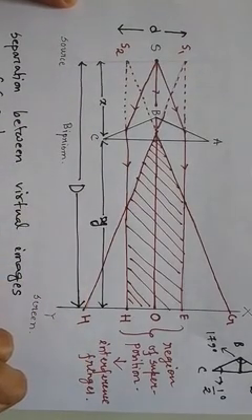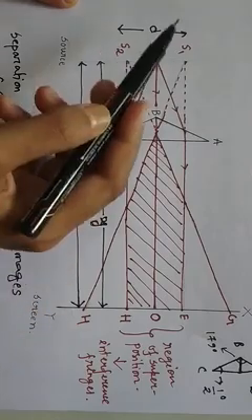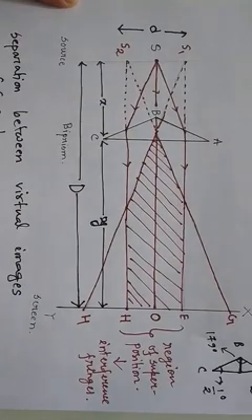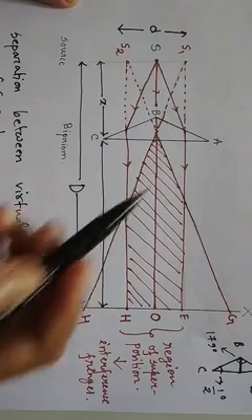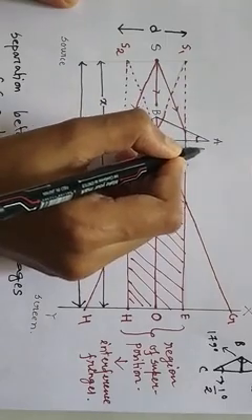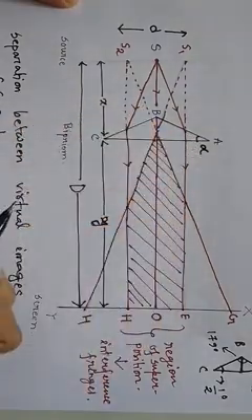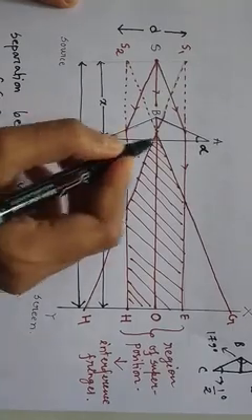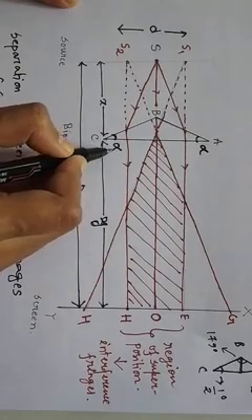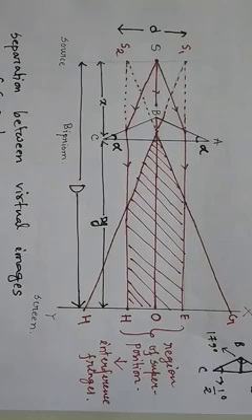So what should be the proper separation between the virtual images S1 and S2? That will depend on the refracting angle of this biprism. Suppose the refracting angle of the biprism is alpha, and as these two are identical prisms, this angle is also alpha.